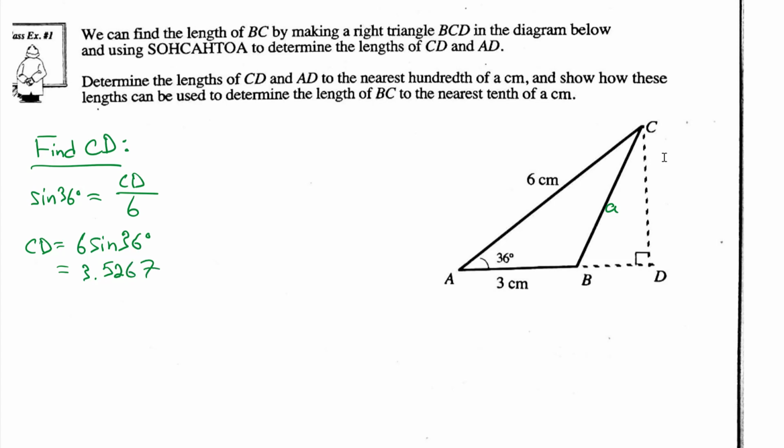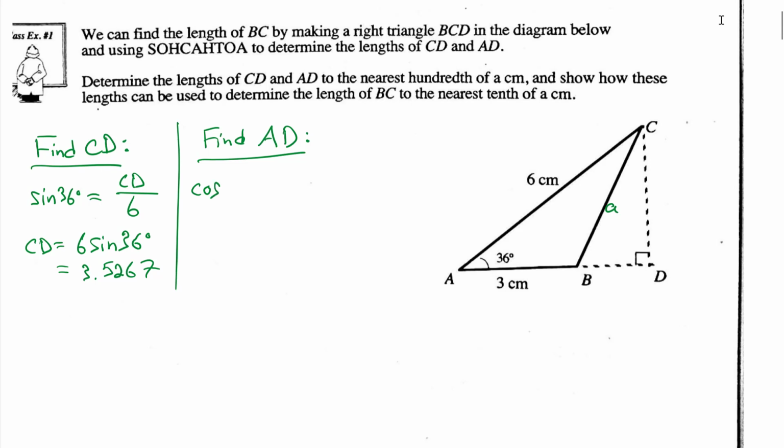So we found CD, and now the next thing I'm going to find is AD. And you might be thinking to yourself, well, we need to find BD, so why are we finding AD? Well, if I find AD, then I can subtract 3 from it, and that's going to give me BD. So it's kind of an indirect way of finding BD. So looking at the big triangle ACD again, AD is adjacent to 36, and so I'm going to set up a cosine ratio.